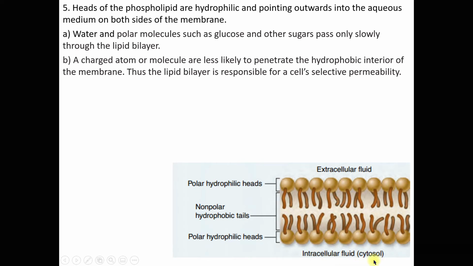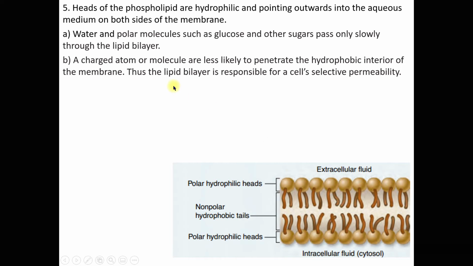Now, water and polar molecules such as glucose and other sugar will pass only, all right, slowly through the lipid bilayer. Yang water tu lebih sesuai if you say that the water will diffuse. Alright. Diffuse through this lipid bilayer.